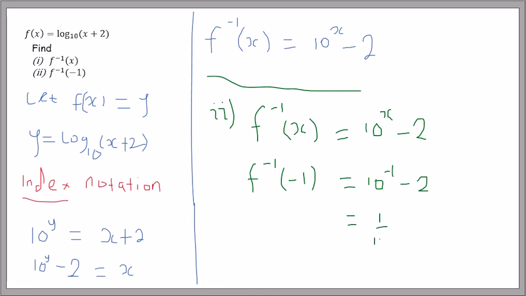If you change it to a decimal, a tenth, which is 0.1, minus 2. What does it give you? It should give you a negative 1.9, and you have your answer.